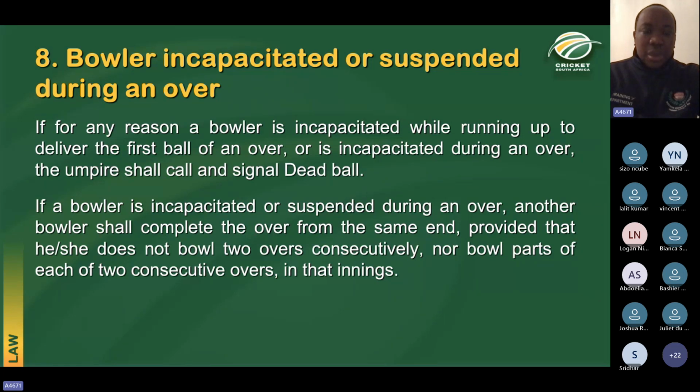Another bowler shall complete the over from the same end, provided that the replacement bowler does not bowl 2 overs consecutively, nor bowl any part of each of 2 consecutive overs. So that bowler who is completing the over should not have bowled any part of the previous over and will not be allowed to bowl any part of the next over.